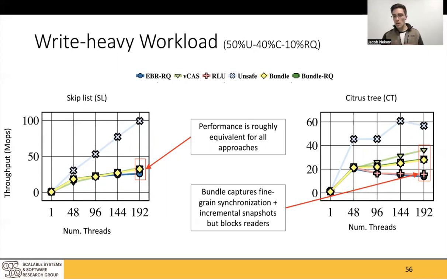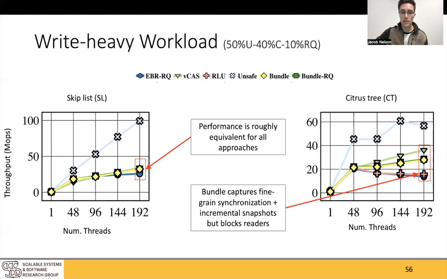Specifically, we see that VCAS outperforms our approach mainly because of this application of a lock-free setting of the values, whereas we're blocking. But compared to RLU and EBR-RQ, we get better performance because we're, again, capturing this fine-grained synchronization and taking advantage of our incremental snapshots.